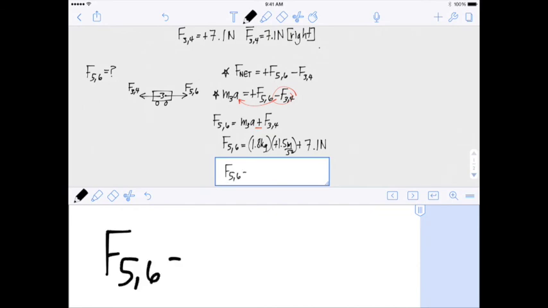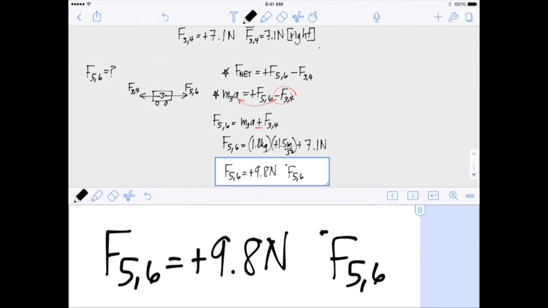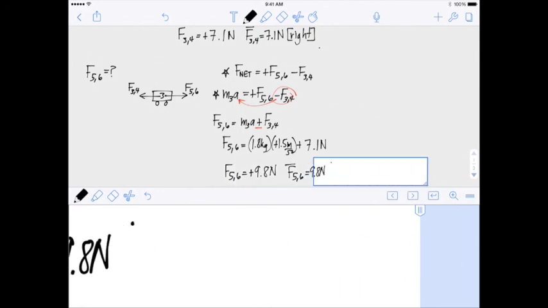Punch this into your calculator, and you end up with positive 9.8 newtons. So we can say that the forces read on sensors 5 and 6 is equal to 9.8 newtons to the right.